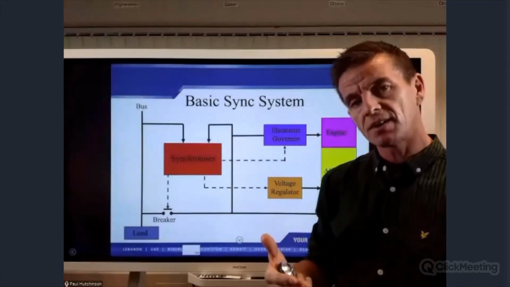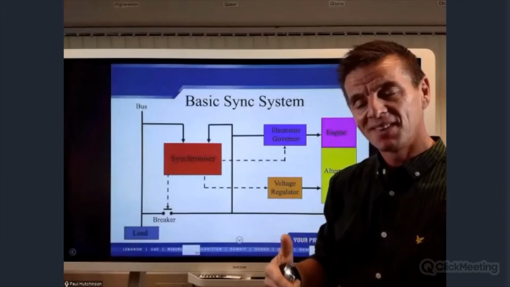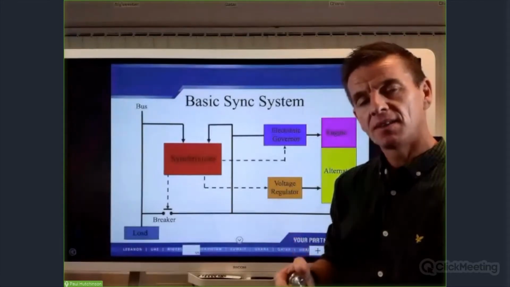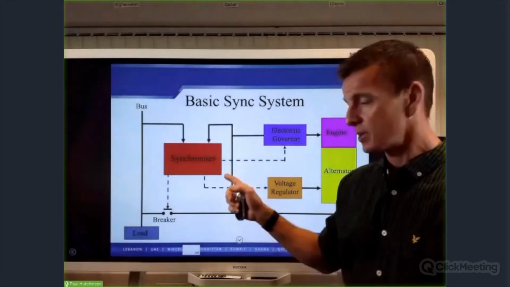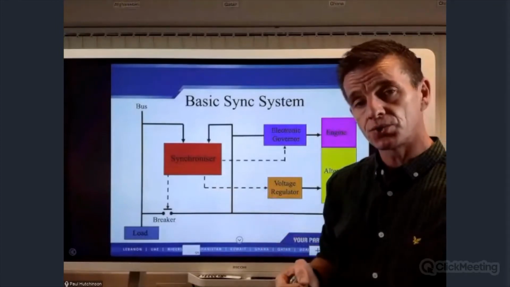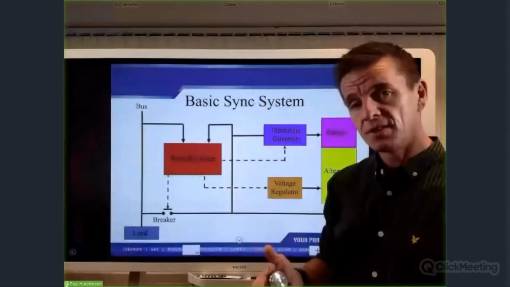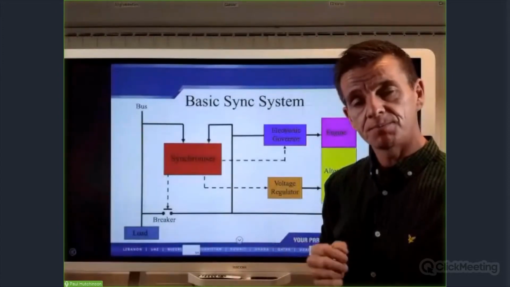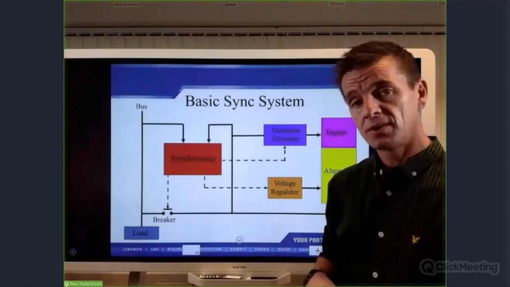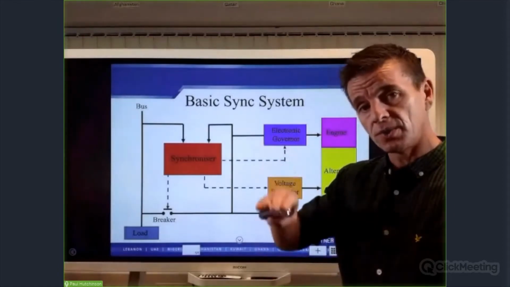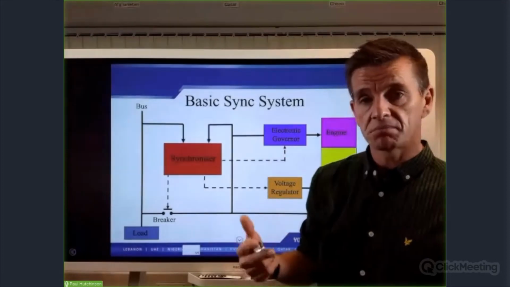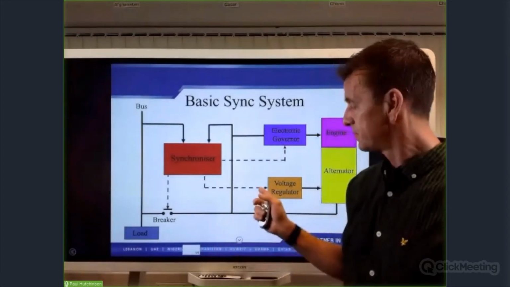Remember the AVR must be one of the AVRs that the synchronizing controller can actually control. Sometimes if you want to synchronize, you need to upgrade the AVR, to change the AVR type, to ensure that the synchronizer can control the output of the AVR. And it will communicate with it in a number of different ways.